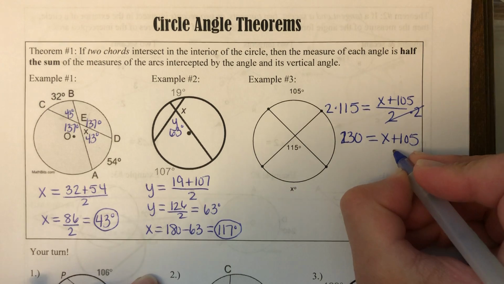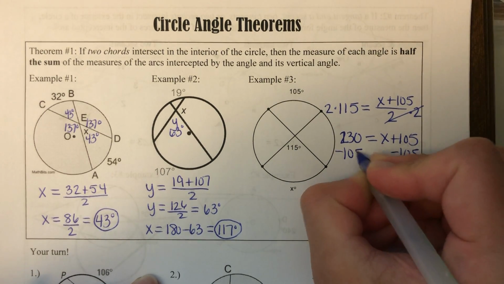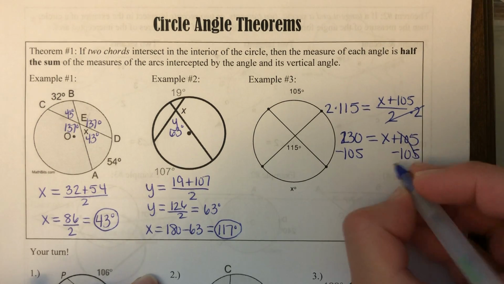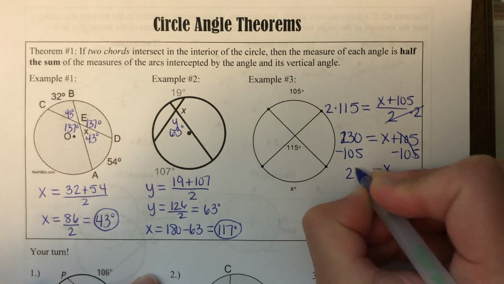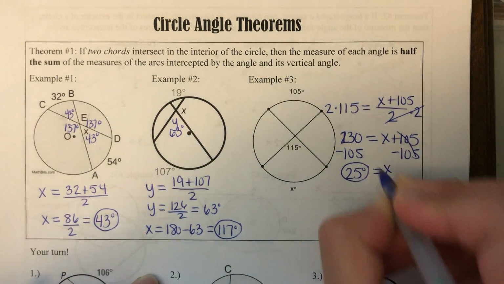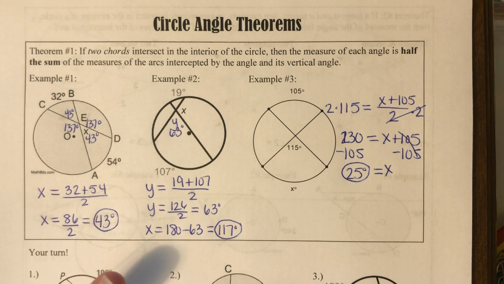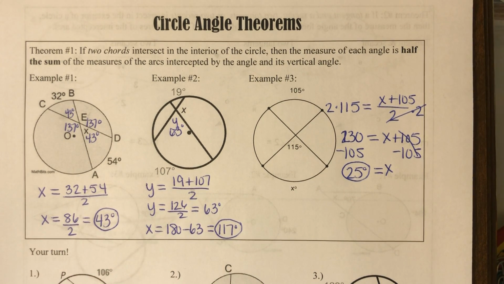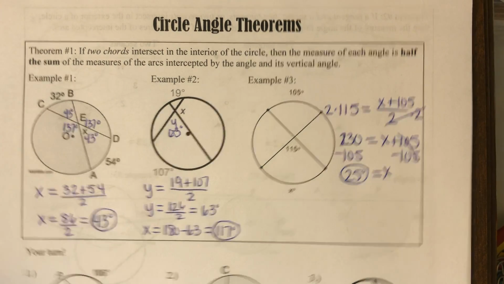One-step equation, opposite of adding is to subtract. So we get that x is 25 degrees. All right, you can pause it here if you'd like, there are 5 of those for you to try on your own, or you can wait till the end. I'm going to move on to the next theorem.